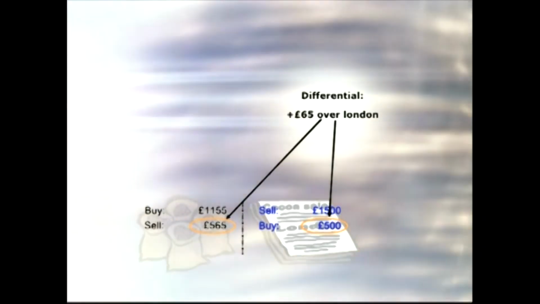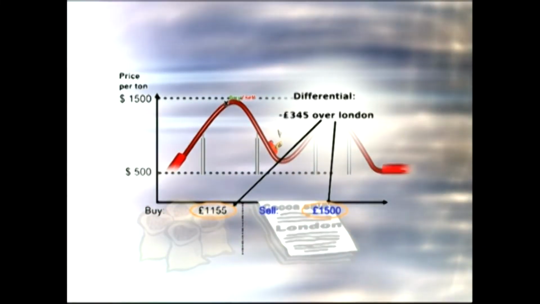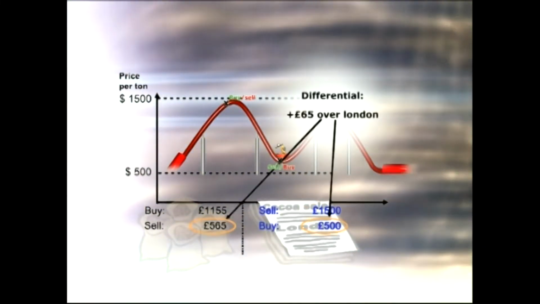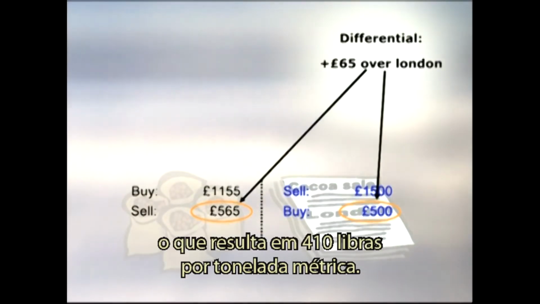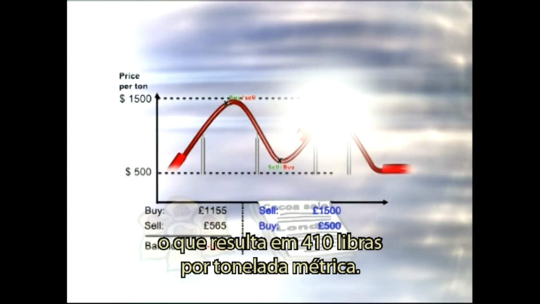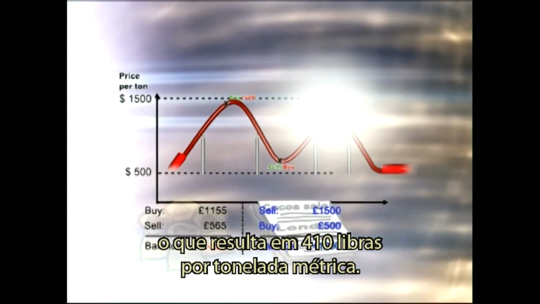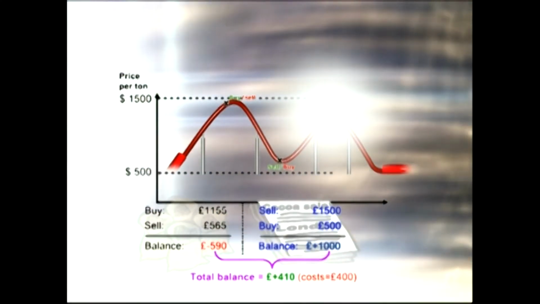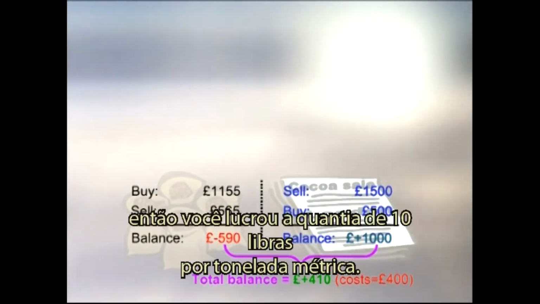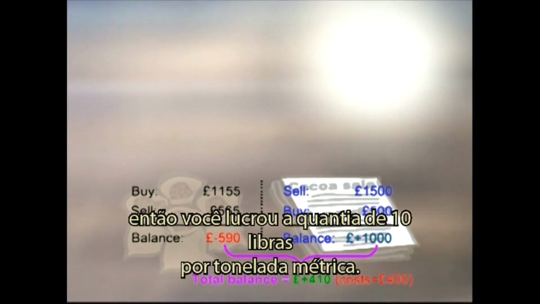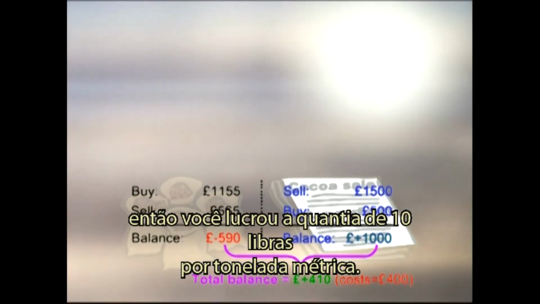Total gain equals purchase at minus 345, sales at plus 65, which is £410 per metric ton. Your total cost from farmer to the warehouse in Amsterdam was 400, so only a small gain of £10 per metric ton is made.